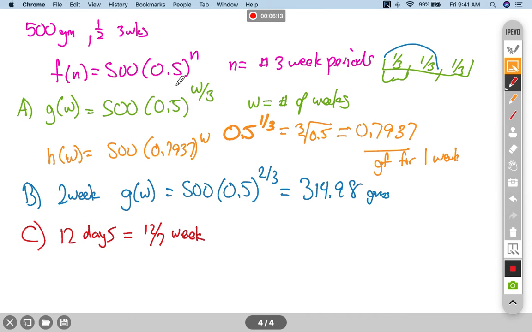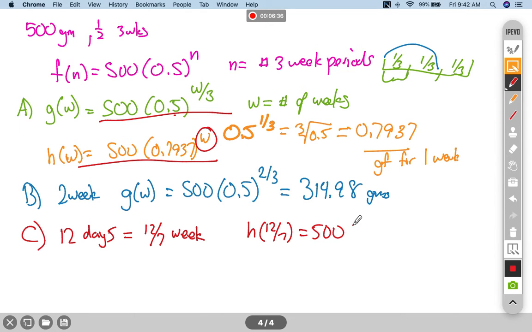Now, that's kind of clunky if I'm using this formula right here, because then I have a fraction divided by a fraction, and I probably don't want to do that. If I'm using this function, and I'm just plugging in W there, then I'm pretty well set. So I could go h of 12/7 would be my way to go on this one, is 500 times 0.7937 to the 12/7 power.